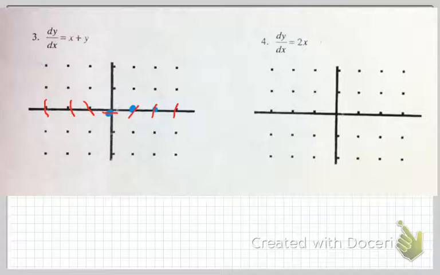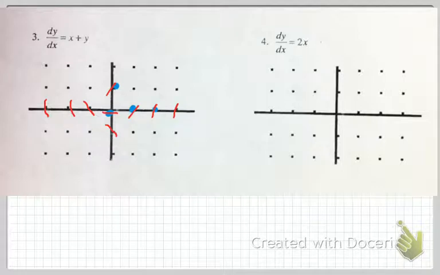All right, what about for this point here? This is x is equal to 0, y is equal to 1, so the slope is just 1. And similarly, this would be negative 1 and plus 0.